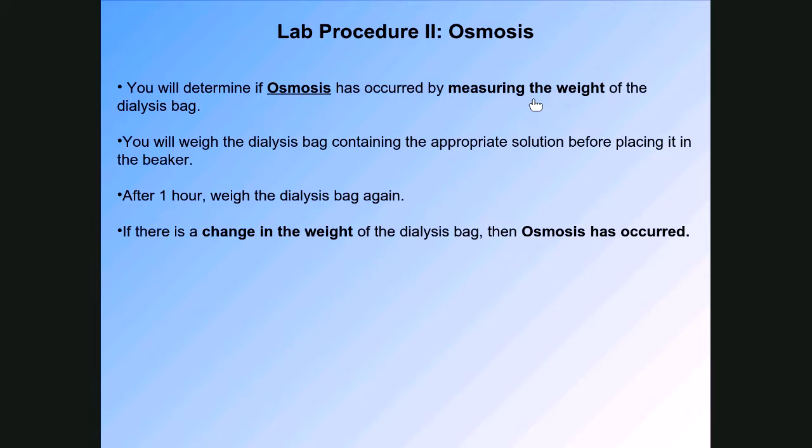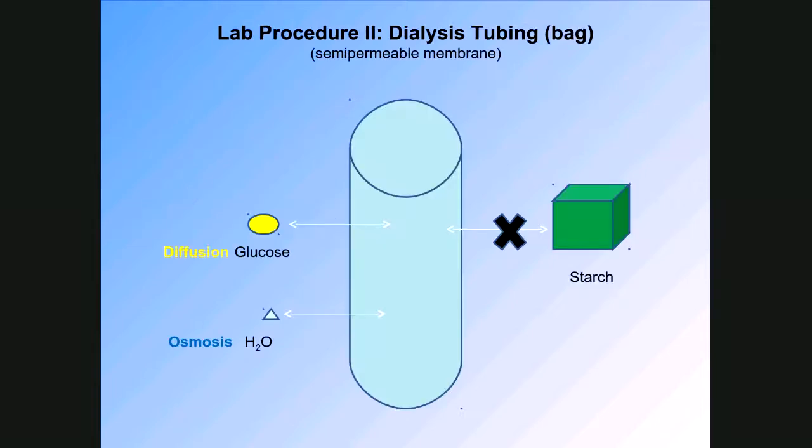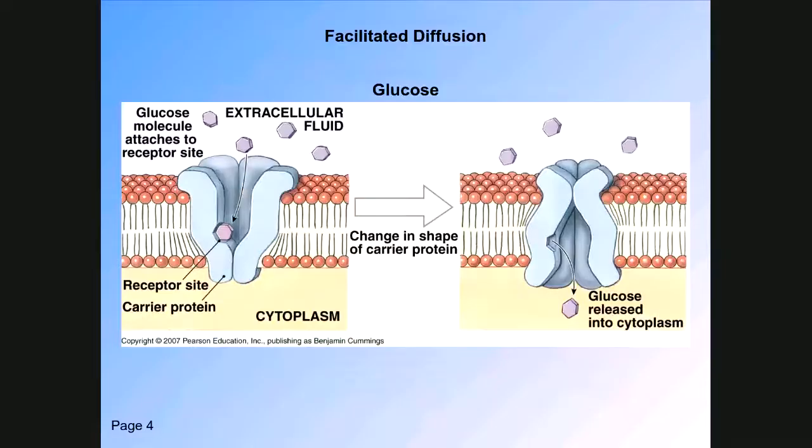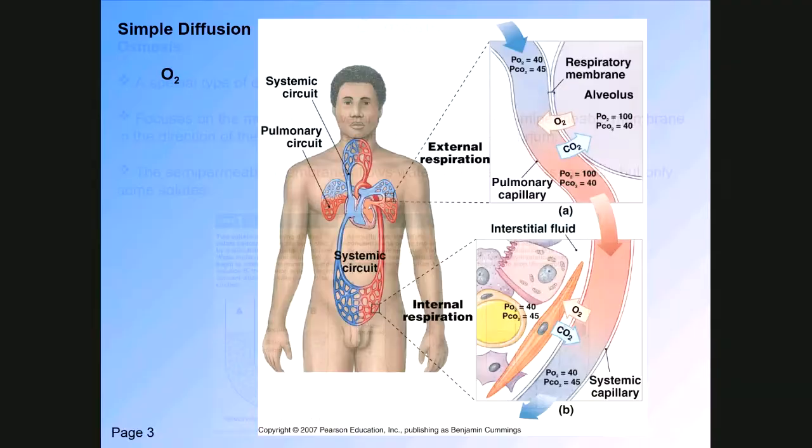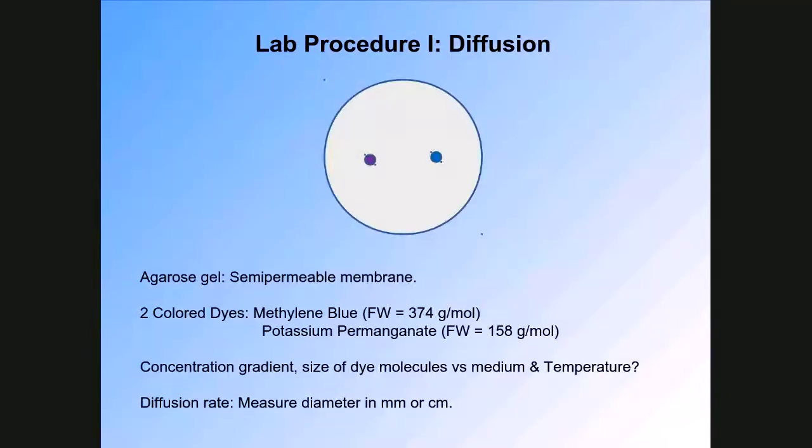Now to backtrack a little bit, I need to clarify this. The way you're determining if diffusion occurs, if you look at table 1 in the lab procedure, was by measuring the diameter. That's why I put this little line, by measuring the diameter of the dye.